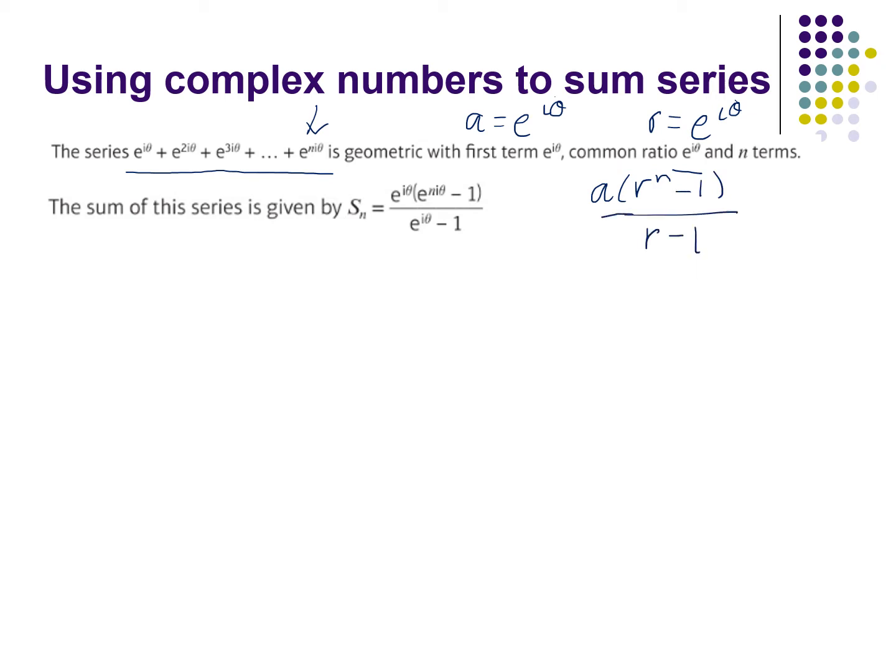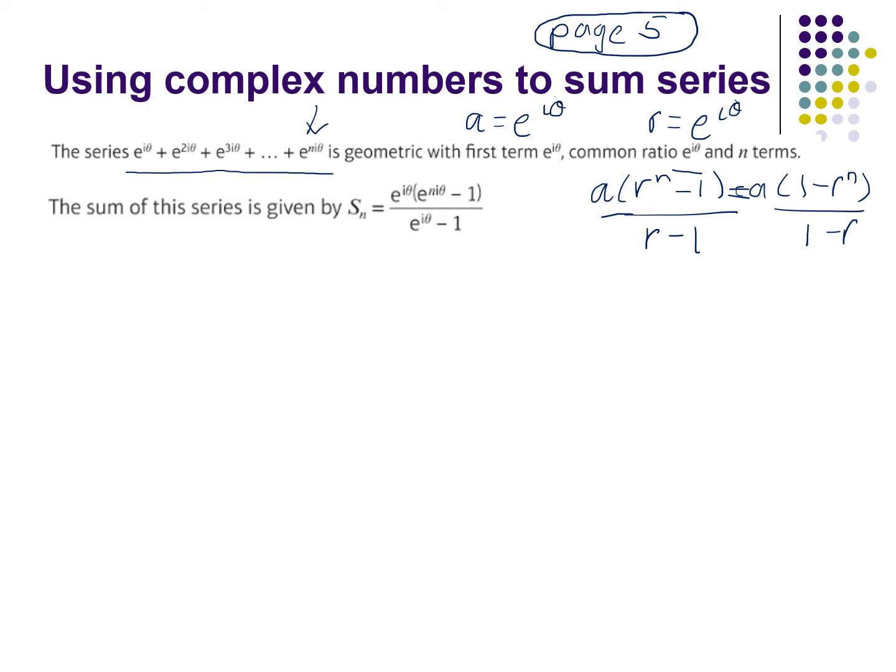It doesn't matter which way round these are; it's also equivalent to do 1 minus r to the n over 1 minus r, which may well be quoted in the formula book. These are on page 5 in the formula book, I should have mentioned that, so do go and look and find them because you'll be making use of them. So that would be the sum of my series.